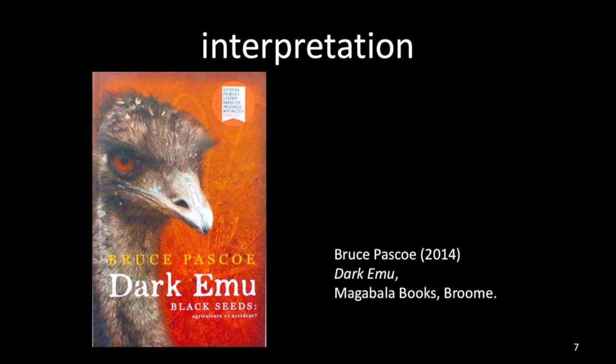And so this is a really good example of how the same source can be used and reinterpreted because of someone's point of view, a historian's point of view, who is looking afresh at these sources.